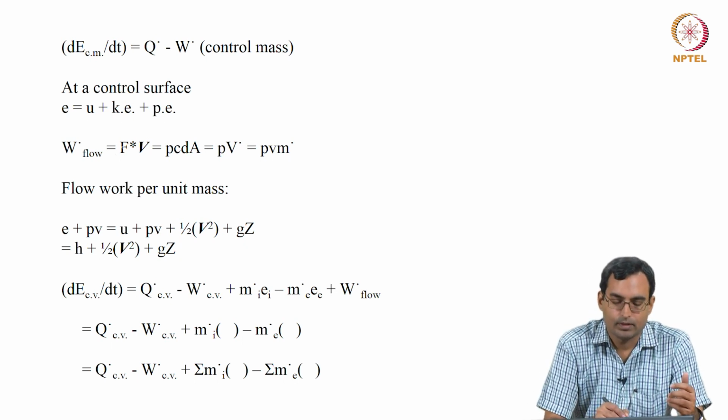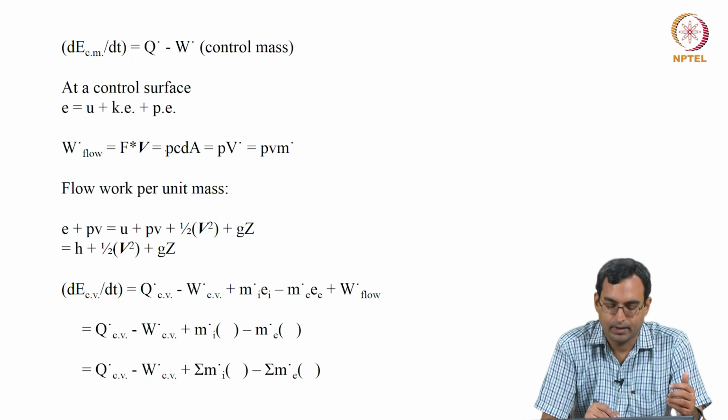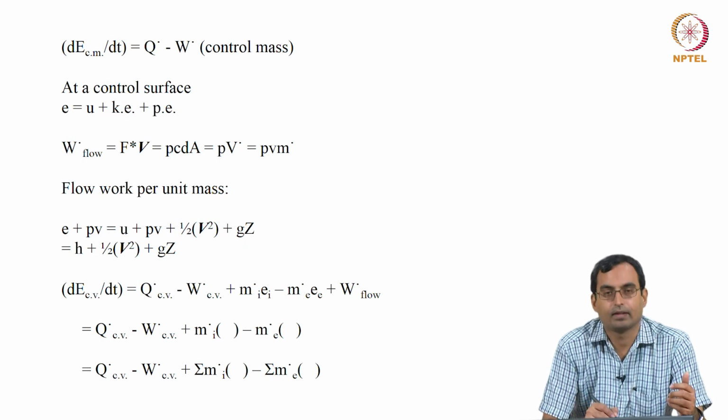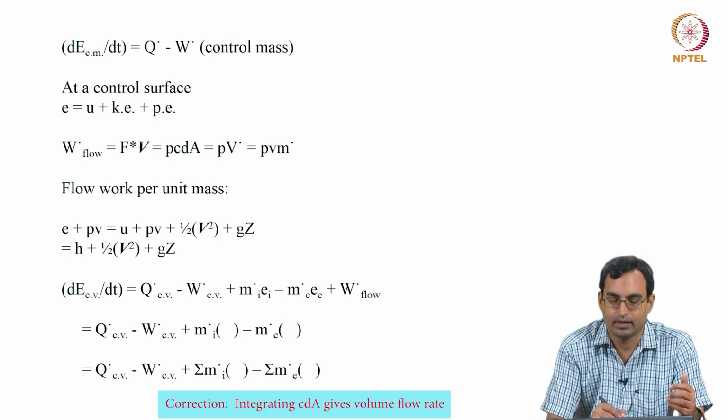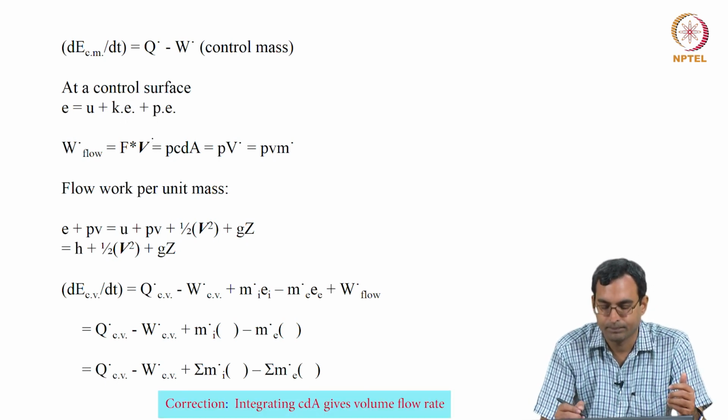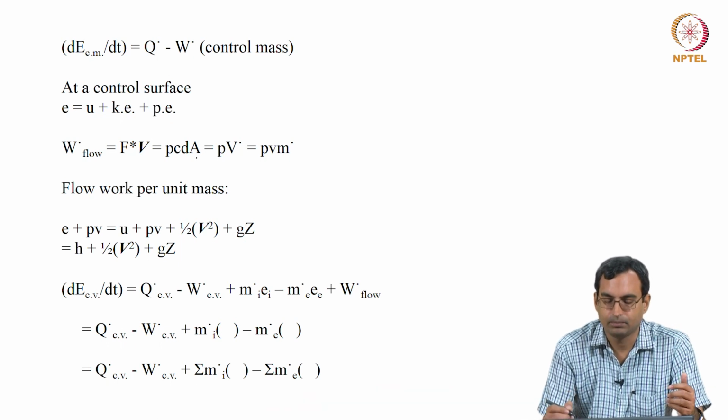The force is essentially pressure times area. The velocity is something which we are calling c over here, that is the changing velocity. So, c dA, if I integrate, would give me the average velocity, which is capital V. So, I can write it in this form.